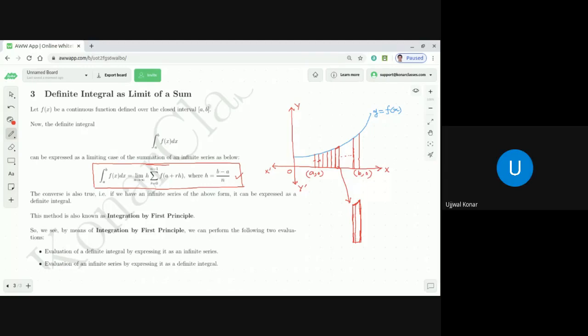Let me give you an analogy. When you see a curve from a very, very long distance, you'll find it is a straight line. And at the same time, when you see a curve from very near to your eyes, you'll find it is also a straight line, isn't it? Think about when you are going with your parents on a long drive, and you see a high tension line in the distance in the village area.